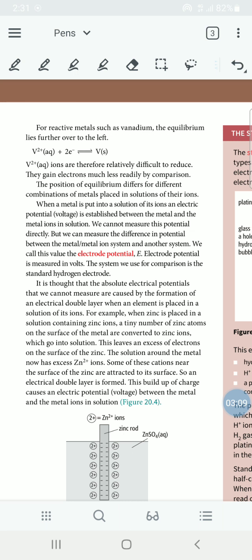When a metal is put into a solution of its ions, an electric potential or voltage is established between the metal and the metal ions in solution, right? So there is a potential difference that develops between the metal and the metal ion in solution, because the equilibrium would be further to the left or further to the right.